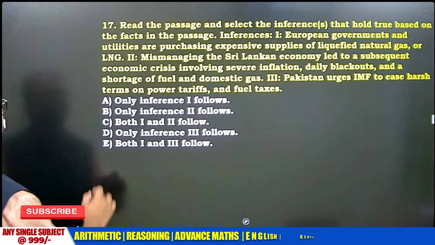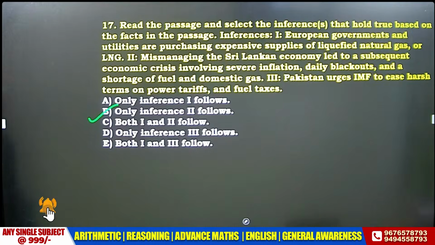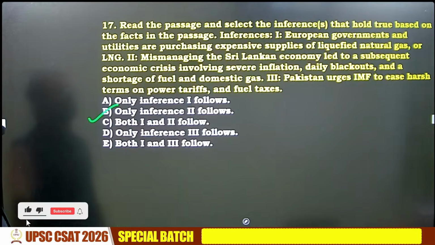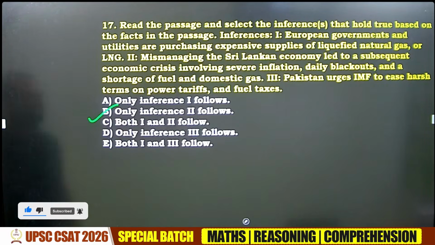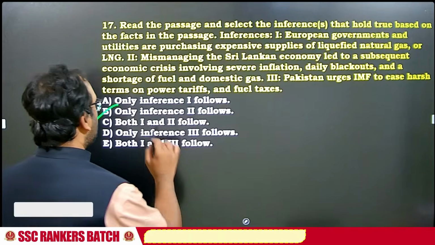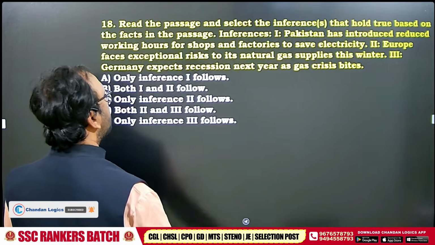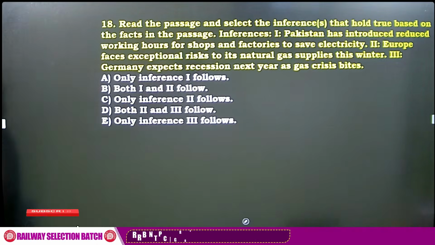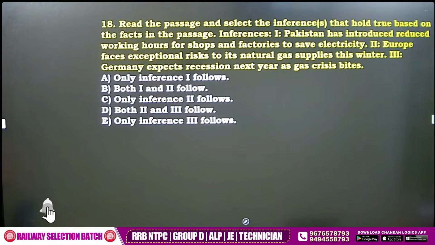Yes, inference 2 follows. The Sri Lankan economy was mismanaged, and that led to bigger problems. Inference 3: Pakistan urges the IMF. No way. If you read the paragraph, you will understand Sri Lankan economy mismanagement happened, so that is a reason. The problem became bigger. Yes, my dear friends.